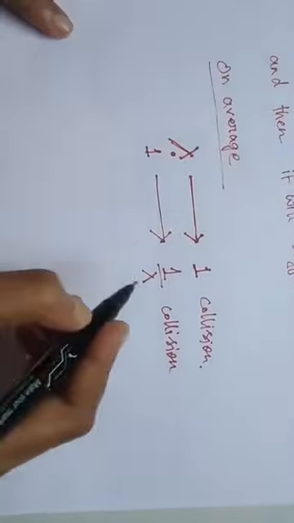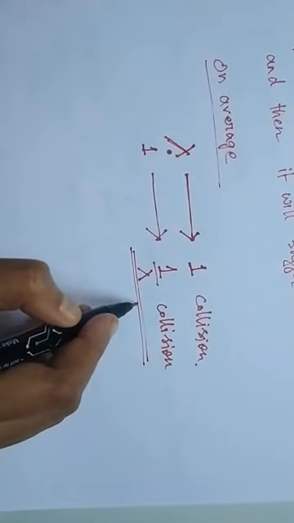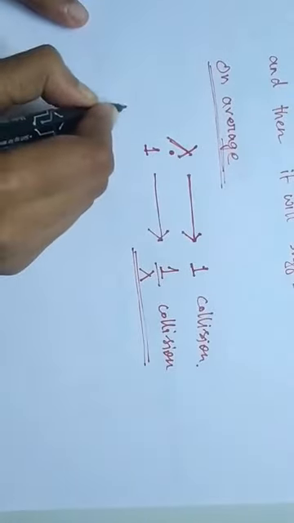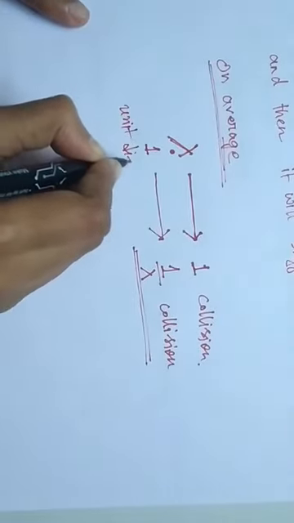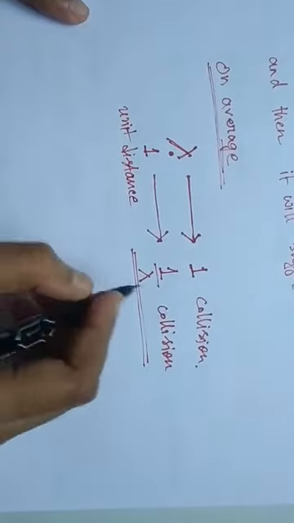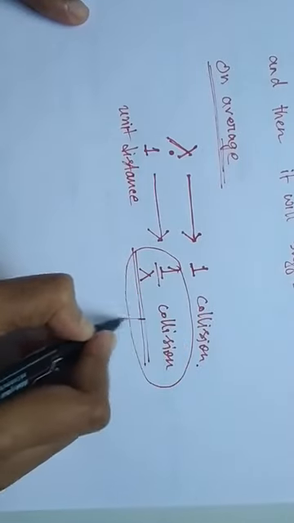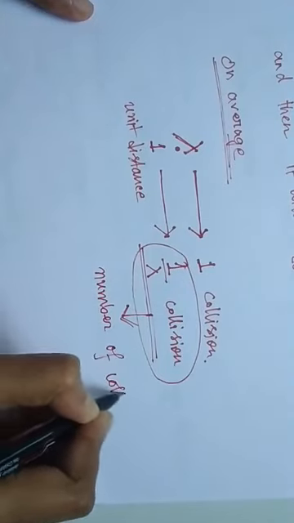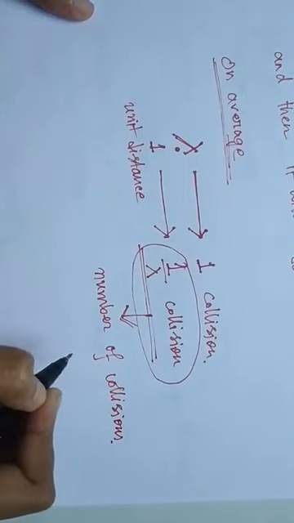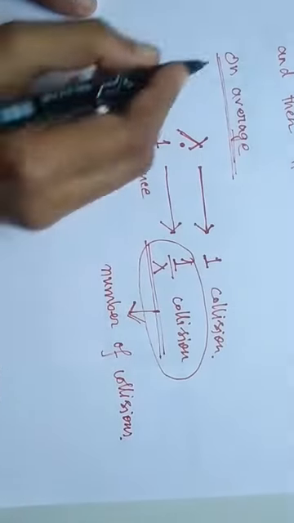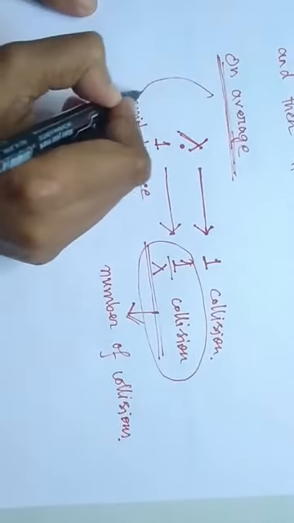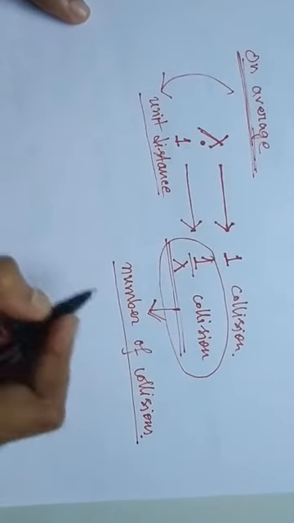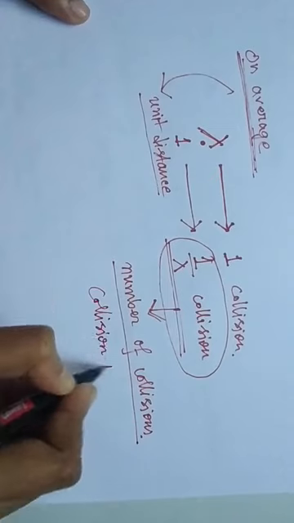So this 1 by lambda is the number of collisions suffered by a molecule on average in travelling a unit distance, and we know that this number of collisions is called collision probability.